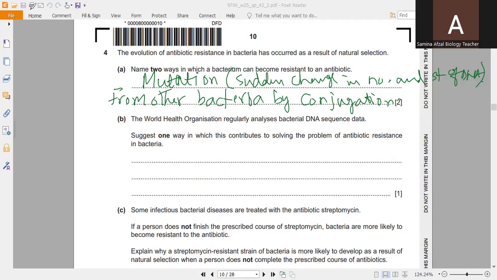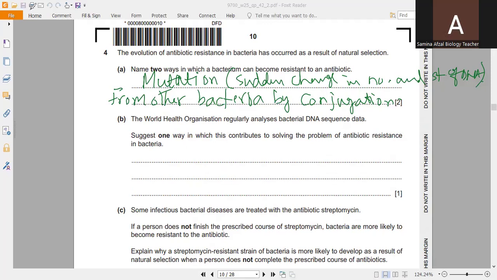Next question, the World Health Organization regularly analyzes bacterial DNA sequence data. Suggest one way in which this contributes to solving the problem of antibiotic resistance in bacteria. So for this purpose, the World Health Organization can perform the following: first of all, identification of specific resistant genes, and then determination of which antibiotic will or will not be effective against a particular strain.